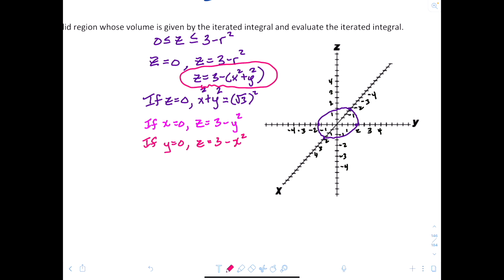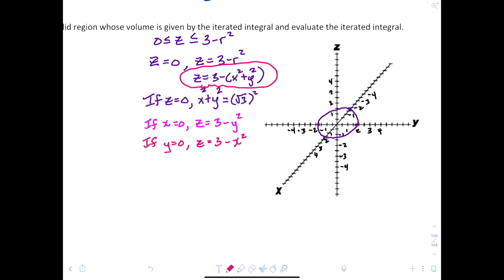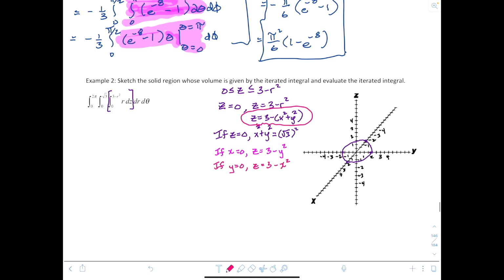All right, so now let's take a look at those graphs. Actually, let's pause before we draw the rest of it, because it's nice to match what we've done so far with the iterated integral.